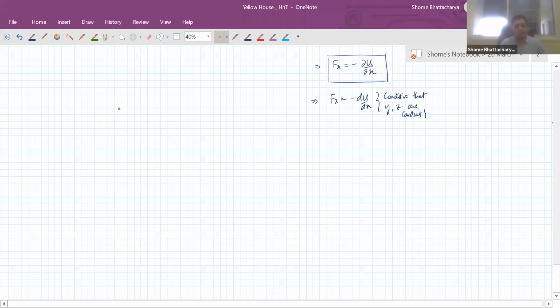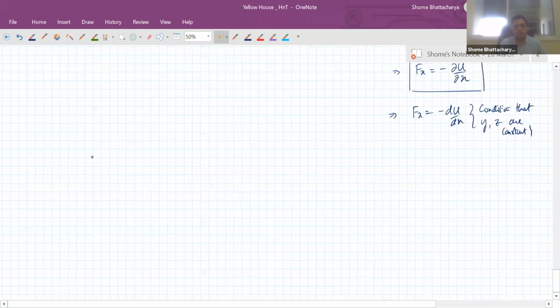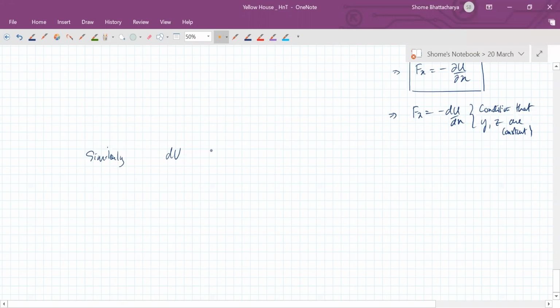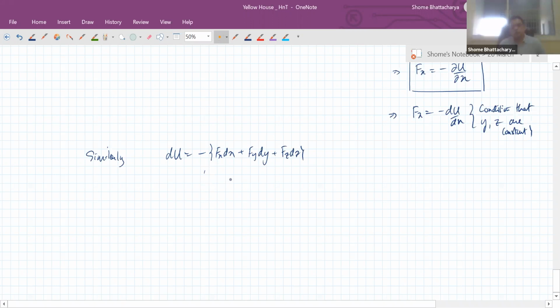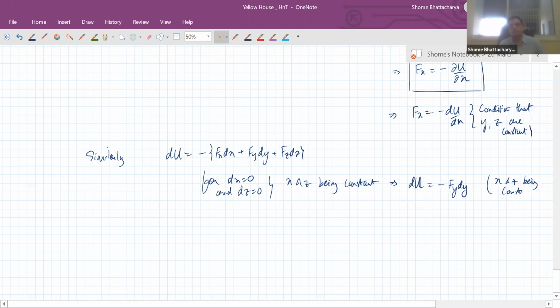So similarly, we can see that for dx equal to 0 and dz equal to 0, that means x and z being constant, the relation becomes du is equal to minus Fy dy for x and z being constant.